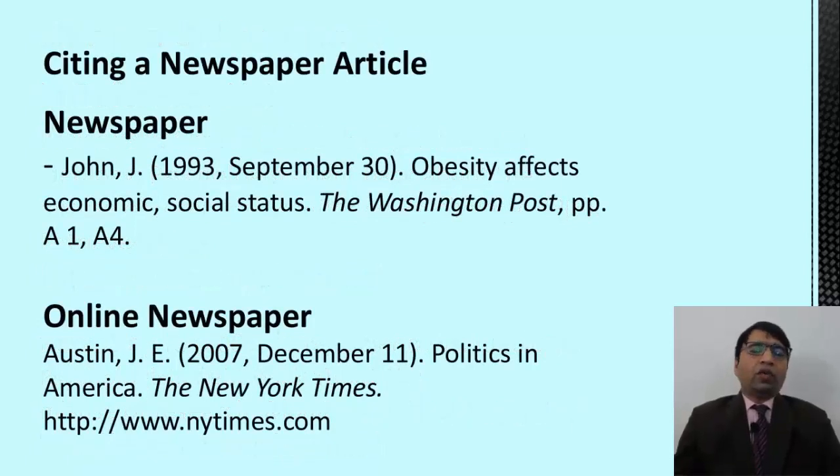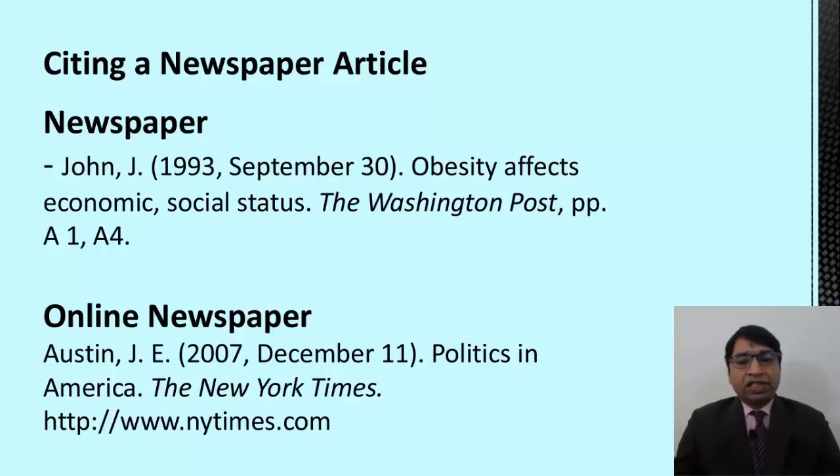Okay, whenever we are citing a newspaper article, how to do that? Again, author name in the same way, I'm not going to mention it, but because newspapers are printed on a daily basis, you see the year, after that a comma, and then the month, and then the date is also there. This is because newspapers are published on a daily basis, right?